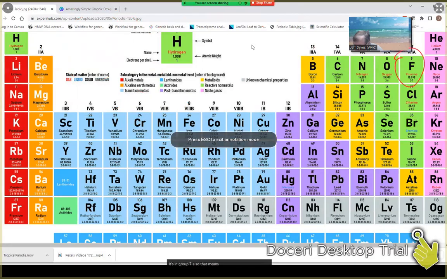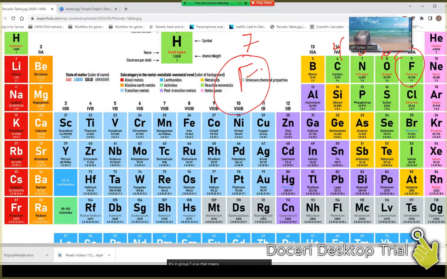And then something like fluorine, it's in group 7A, so fluorine has 7 valence electrons. Oxygen has 6 because it's in group 6A, 5 for nitrogen, 4 for carbon. So if we go back to fluorine with 7 valence electrons, that means in this outermost shell, there are 7 valence electrons. And we're shooting for the octet rule, that says that atoms will be stable and will react to gain or lose electrons or share electrons.